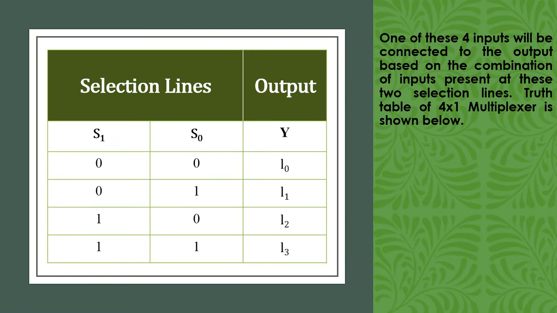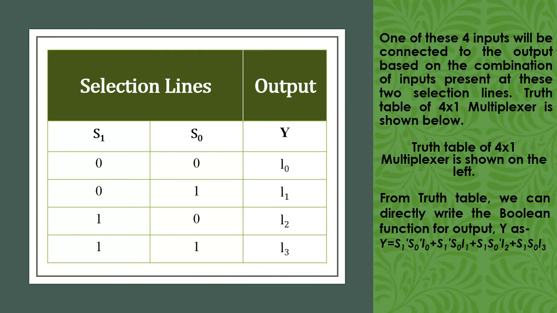So the main work depends on the two selection lines, and the truth table of the 4 into 1 multiplexer is shown below.